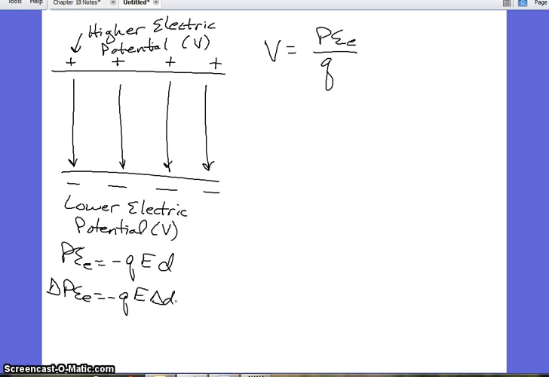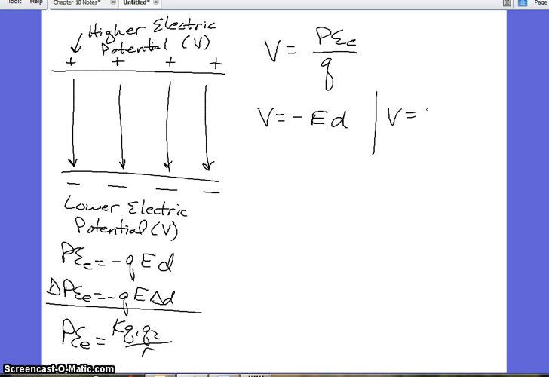If we divide the potential energy by one of the charges, we're left with the electric potential simply being the opposite of E times D. And the other equation for potential energy, if we were given two charges, was K, Q1, Q2 over R. So our other formula would be to divide by one of the charges: KQ over R.